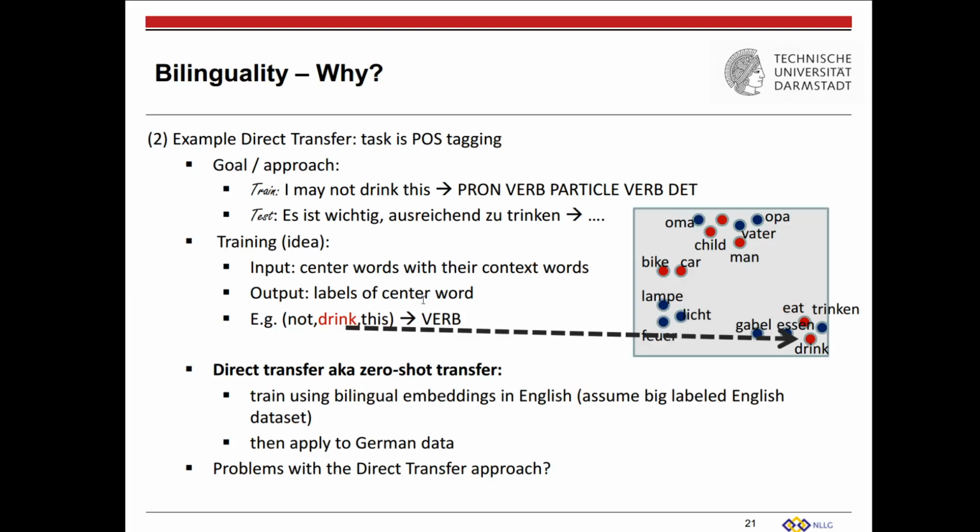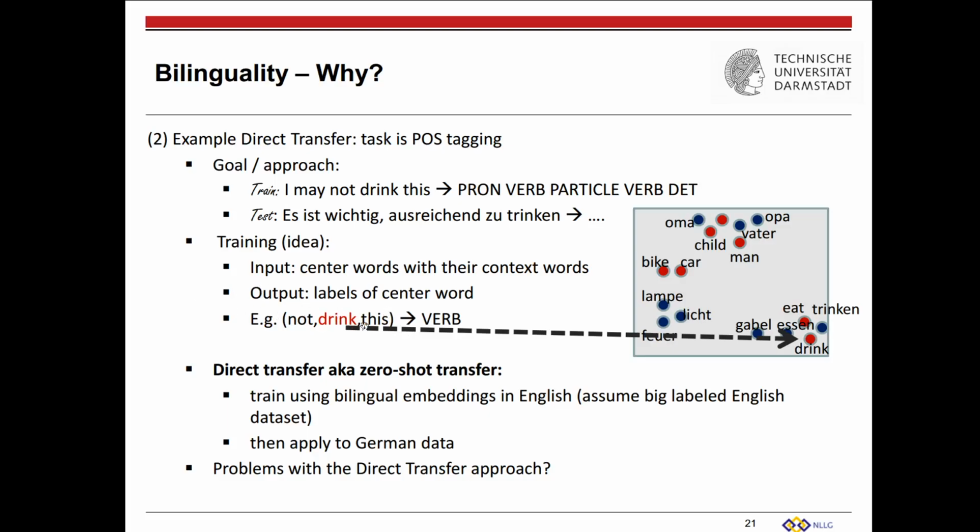So first we need to come up with an architecture. Which architecture could we choose? Well, up to now we mostly know MLPs. We don't know recurrent neural networks yet. So we try an approach with an MLP. For example, if you want to label the word drink as a verb, we could take the one word to the left and one word to the right of drink as a representation.